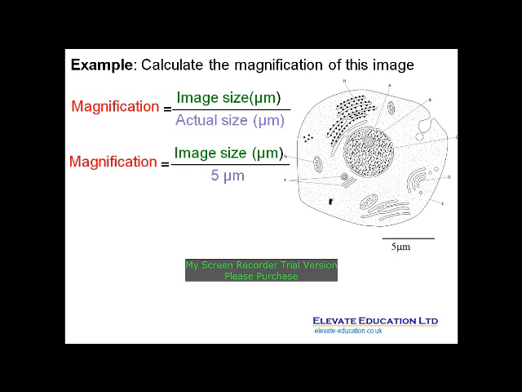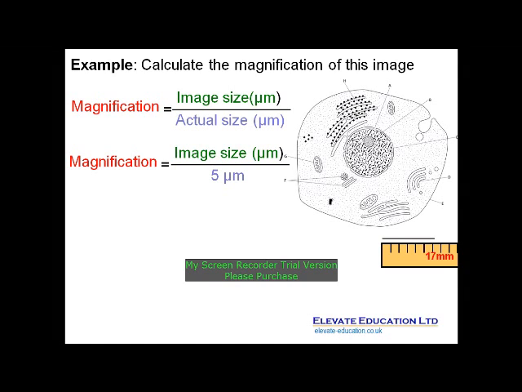Next we need to work out how large the scale bar is in the image. And the way we do that is we get our ruler and we measure it. But our rulers don't measure in micrometers, which is the unit we have to use, they measure in millimeters. So our scale bar is in fact 17 millimeters long. Before we can work out the magnification, we have to convert that into micrometers.